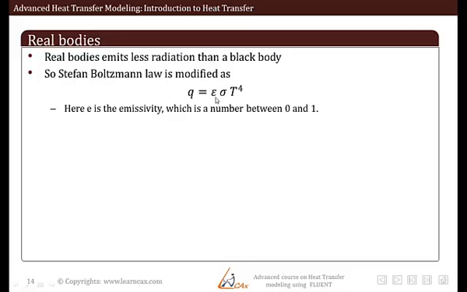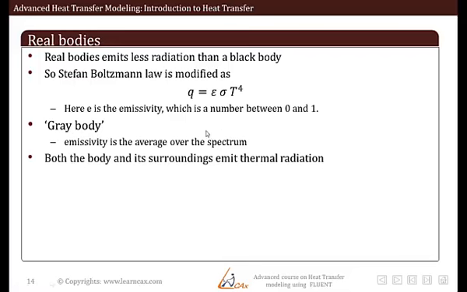If we multiply this by the radiation emitted by a black body, we get the radiation emitted by a real body. We refer to such real bodies as gray bodies, in which the emissivity is the average over the spectrum, that is, independent of frequency.